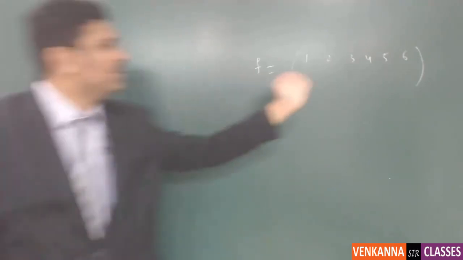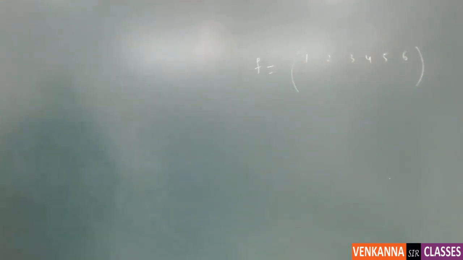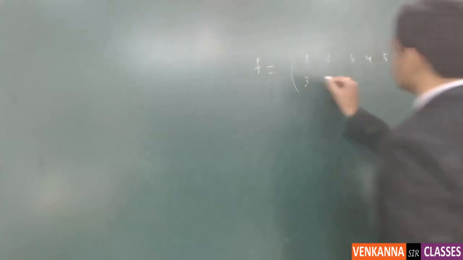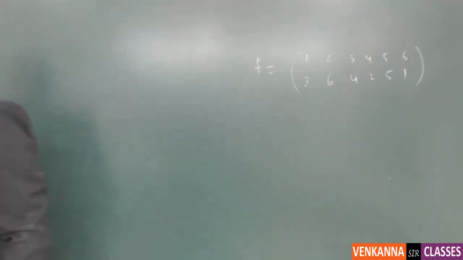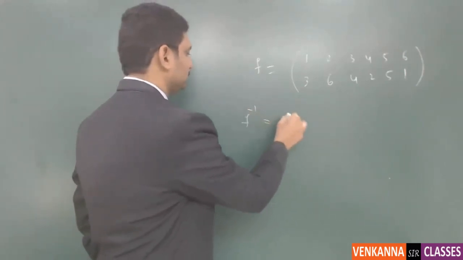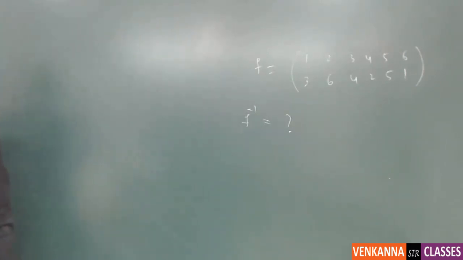Right. Now you give me your images as per our consideration. From 1 to 6, you give me a combination. All right, 3, 6, 4, 2, 5, 1. Since f is a permutation, suppose you want to take the inverse of f. What is f inverse?